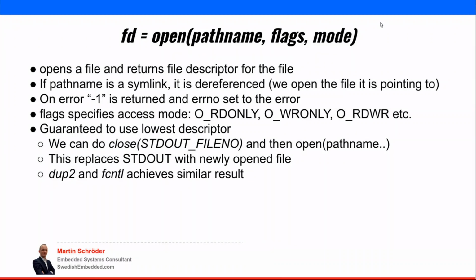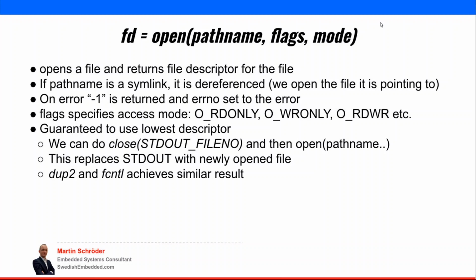When we want to reopen file descriptors, when we want to point the file descriptors to some other place, like for example, if we want to send the standard output to a socket, or to a regular file, we can use the duplication function dup2, and we can use the fcntl file control functions in order to achieve that. And this is just good to know, that we get the lowest file descriptor.